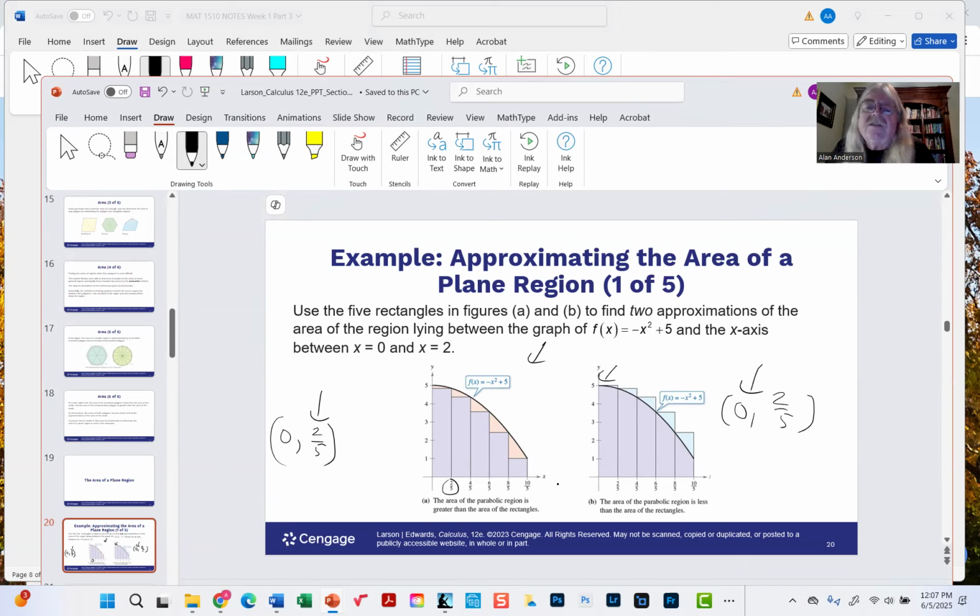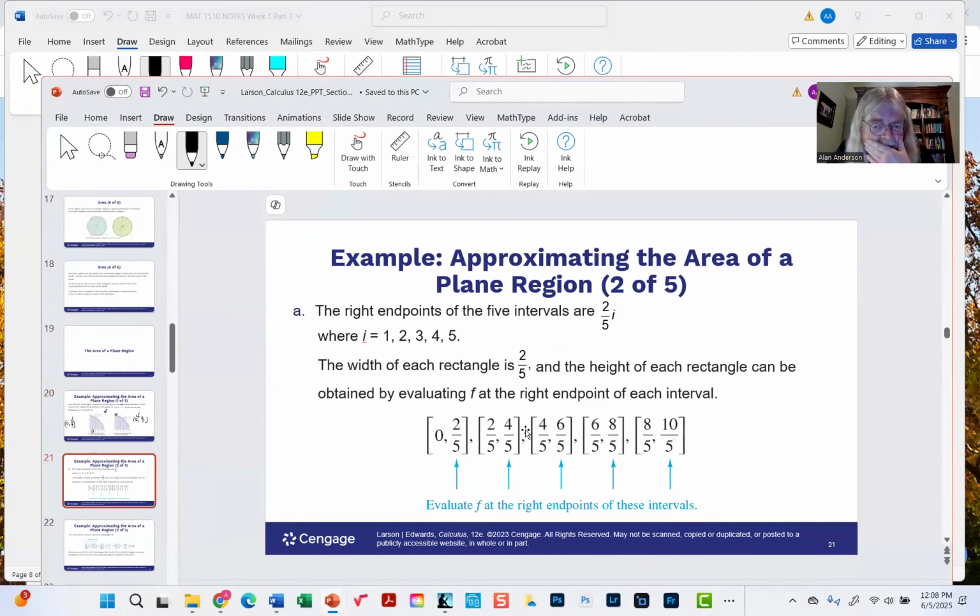So the strategy here is to shrink up the width of these intervals. If we have more rectangles, the area will get closer and closer to the correct area under this curve. And as a matter of fact, if we do this in both cases, on the left and the right, we keep shrinking up the intervals. The two sides will eventually converge to the same result, which is the area under that curve.